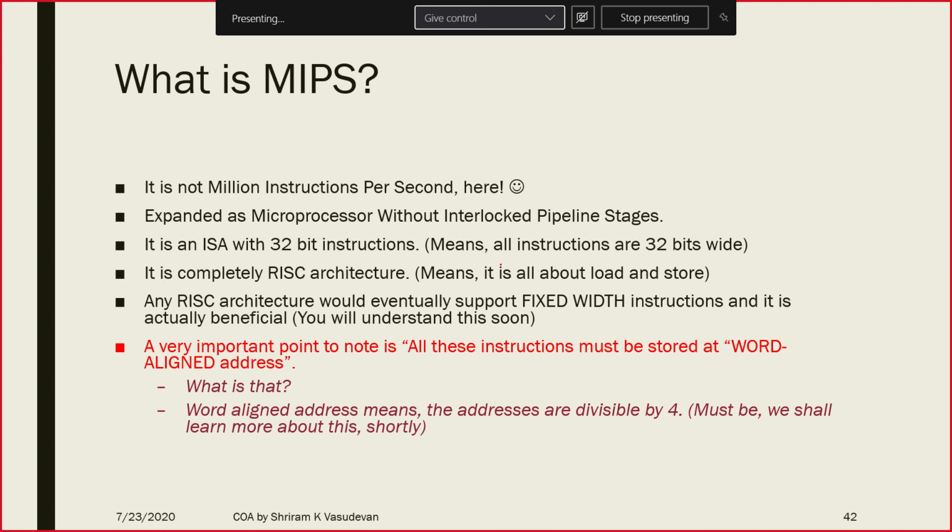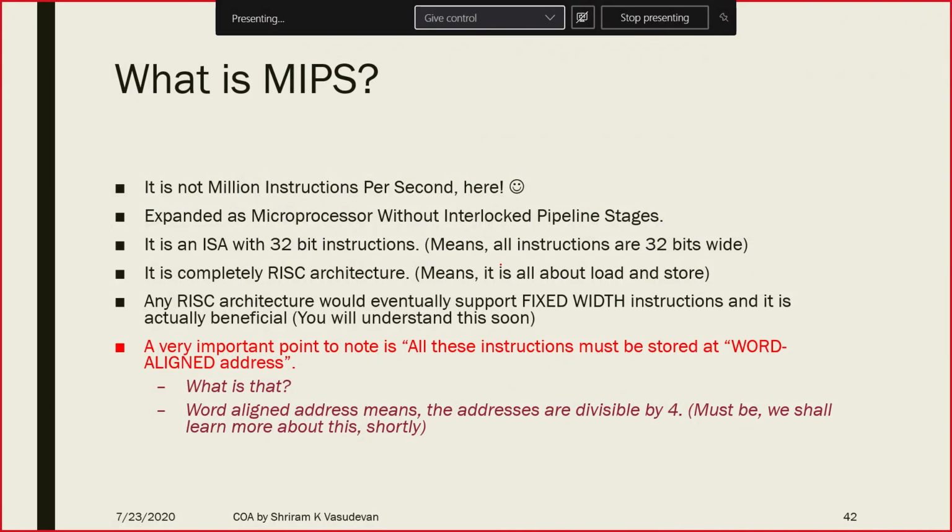Right. So what is MIPS? Most of you would have got an idea or a perception that MIPS is nothing but million instructions per second. Correct? 99% of us would have got that in our mind when we talk about MIPS. Even I did the same when I started studying this paper. But MIPS here is not million instructions per second.